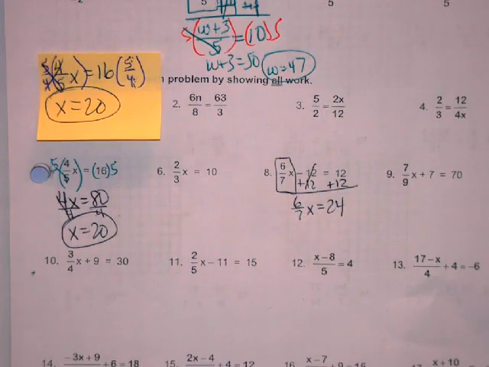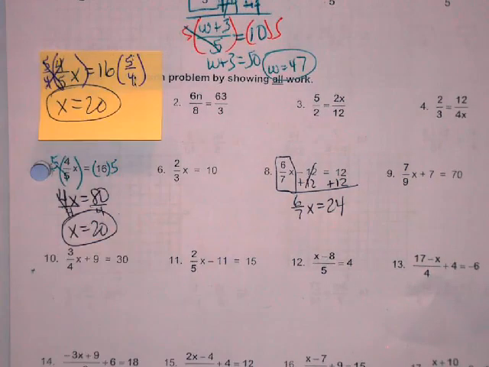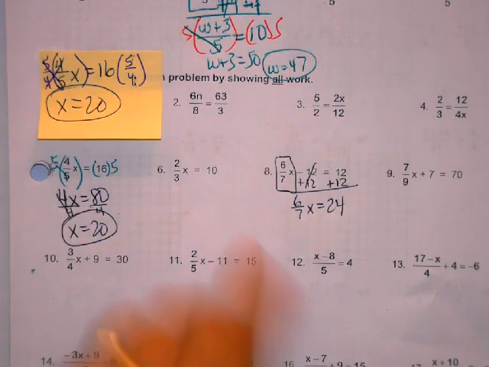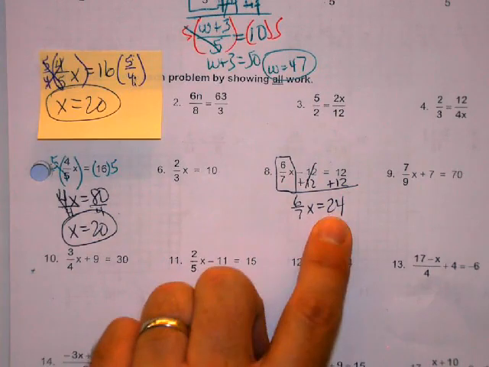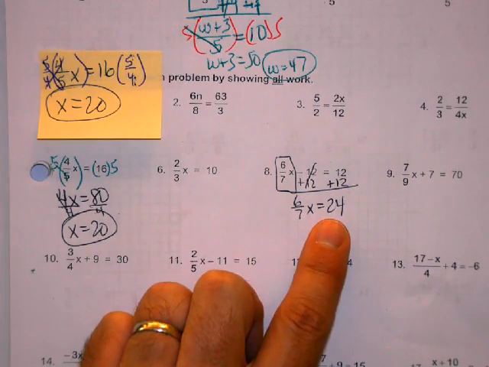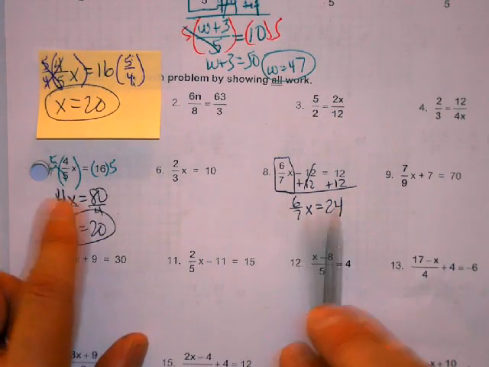That's fine. I don't want to see you going straight from this to an answer, because then my feelers are going to go up a little bit. But if you want to get to here, totally up to you. You could multiply both sides by 7 and divide by 6.